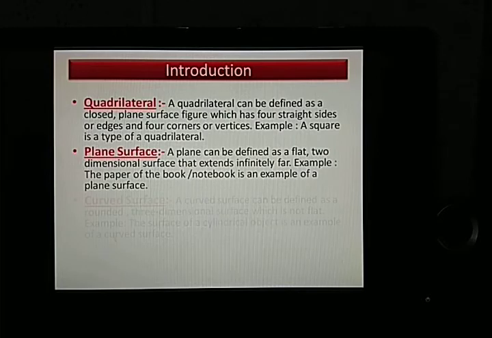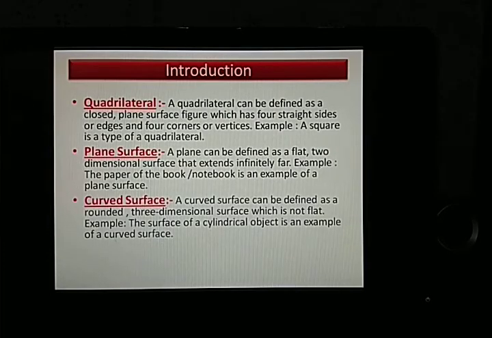Now moving on. What is a curved surface? There is also another type of surface that is called curved surface. Now a curved surface can be defined as a rounded 3-dimensional surface. Now the difference you can see, in the plane surface it was 2-dimensional, but the curved surface has now become 3-dimensional. 3-dimensional means it also has a height along with it.